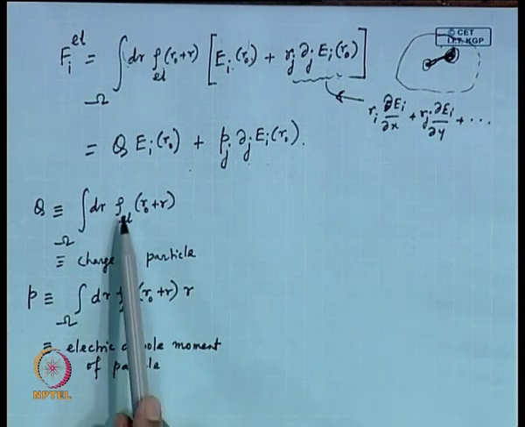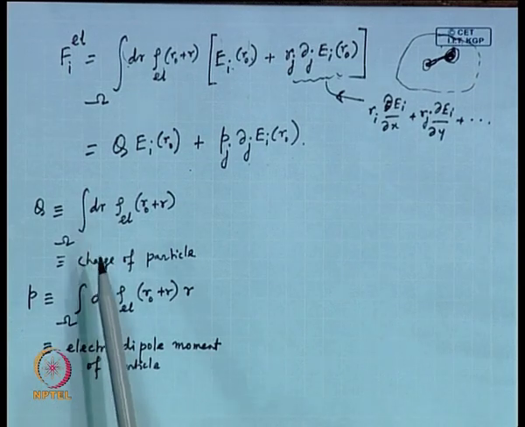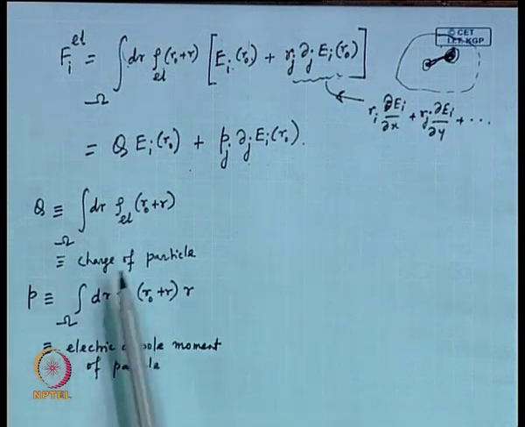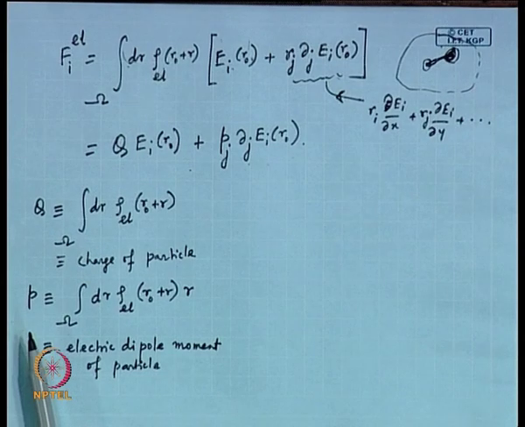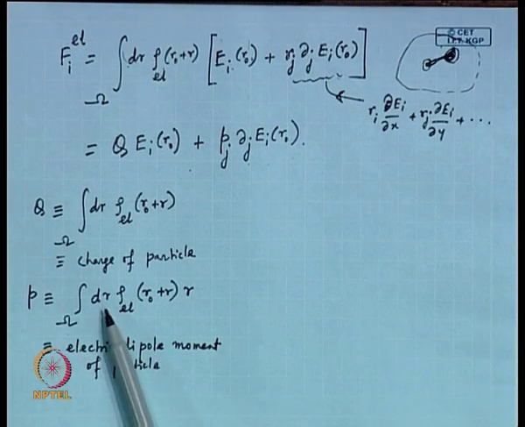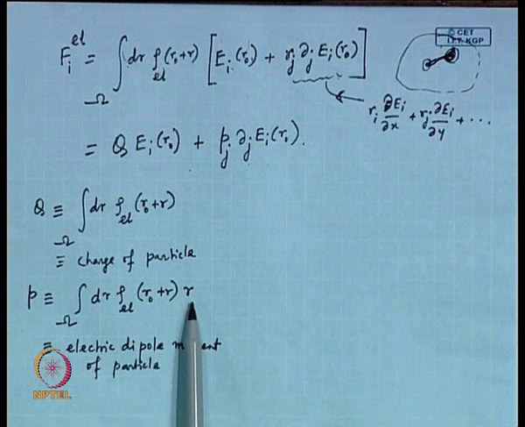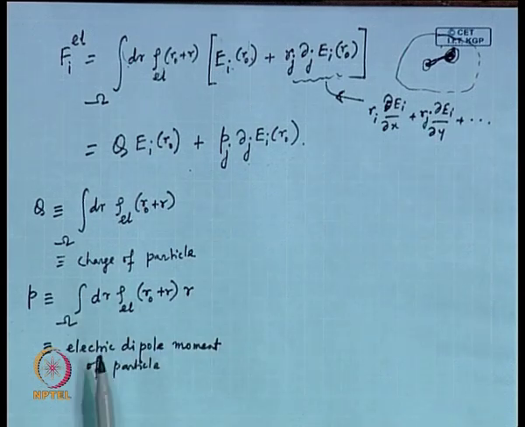No doubt about it, rho EL into dr. So you are basically summing rho EL over the entire region omega. So that is basically the charge of the particle, and P is charge multiplied by the corresponding position. This is referred to as the electric dipole moment of the particle.